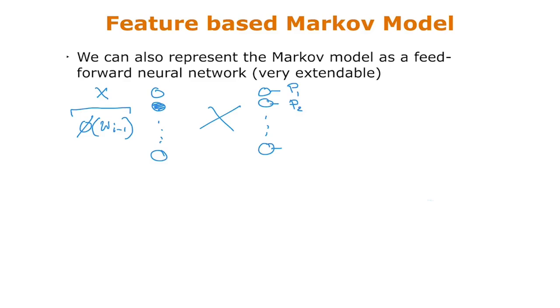So the kth output unit is trying to model one probability value in that table, that is, the probability that the next word is k, given that the previous word is w_{i-1}.